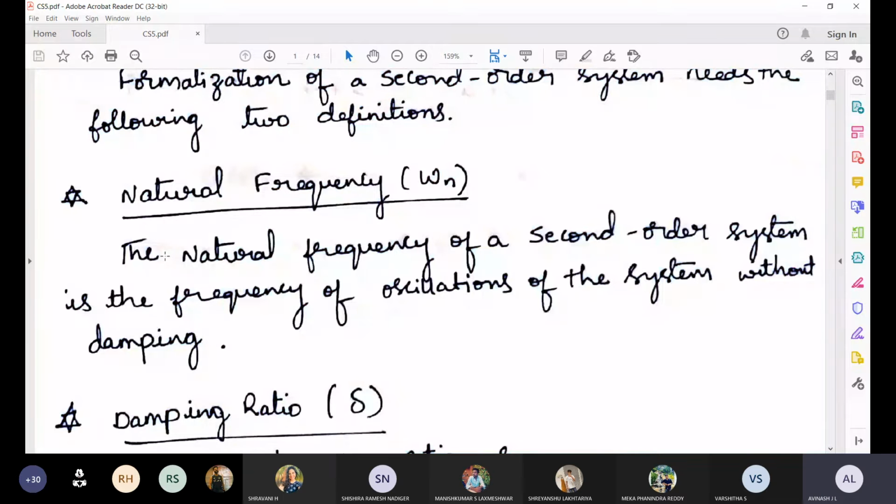The natural frequency of a second order system is the frequency of oscillations of the system without damping. So without damping, whatever frequency is obtained is called the natural frequency. First take the explanation. I expect all of you to write this.